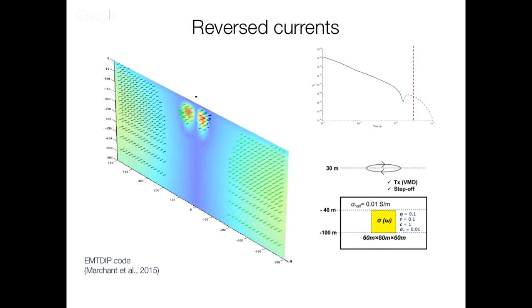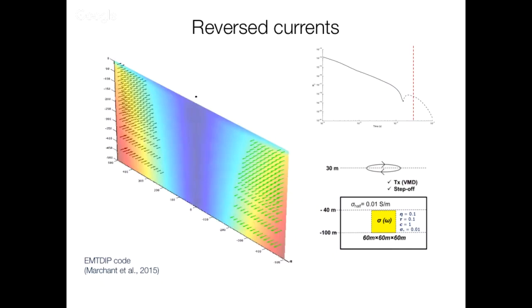Now if you look at this point, we're up here. As the inductive fields are moving through that block, that's causing polarization currents to build up, and they simply last a lot longer than these induced currents around here, and eventually that dominates.